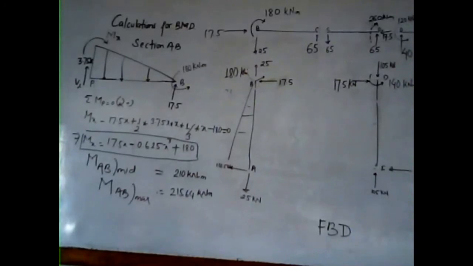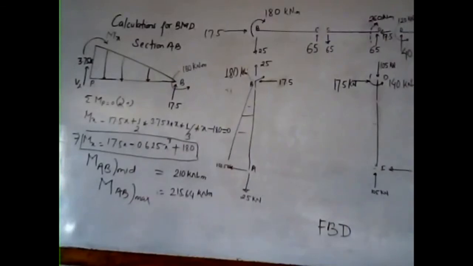Here we cut the section, and we need to determine the value of the bending moment M at the section P. So the moment at X we will find out.